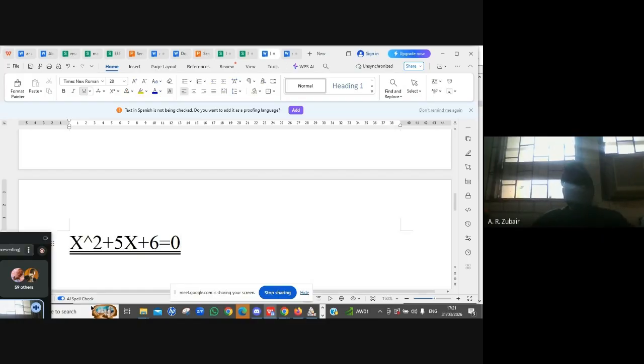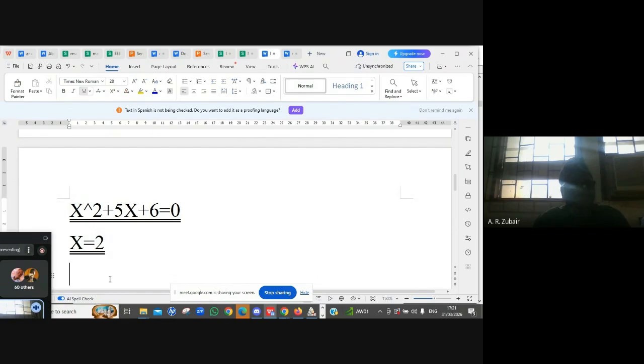A root of this equation is x equals 2. When you put 2 there, what are you going to have? You are going to have 4. Sorry, x equals minus 2 is a root of the equation.